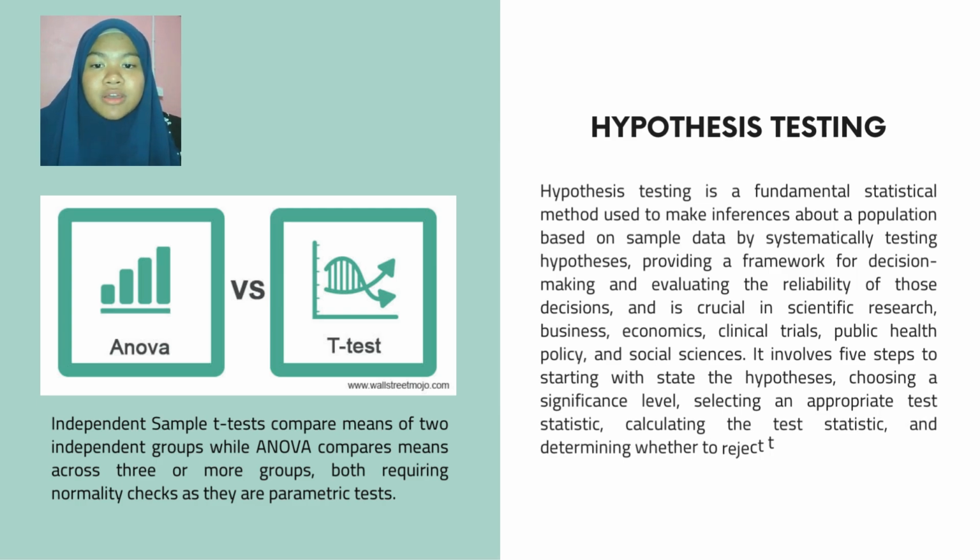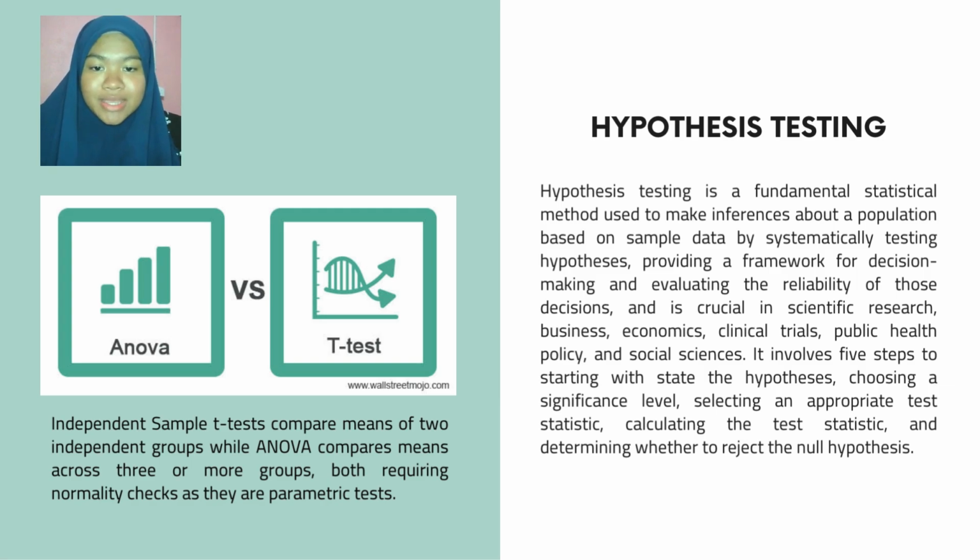The objective of hypothesis testing is that it allows researchers to test a population parameter, like the mean. It also provides a systematic framework for making decisions and evaluating the reliability of those decisions. Hypothesis testing helps in making inferences about population parameters based on sample statistics.